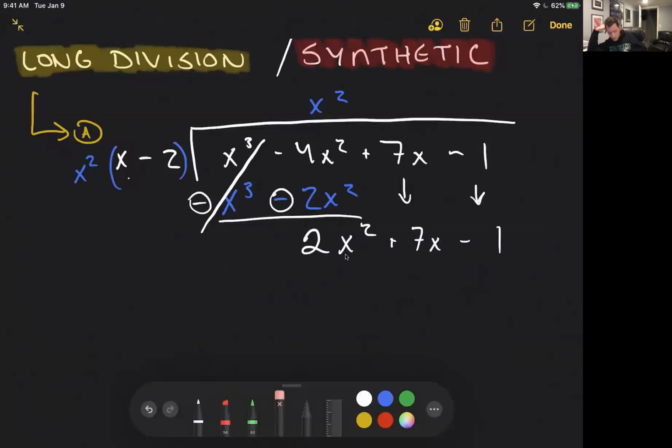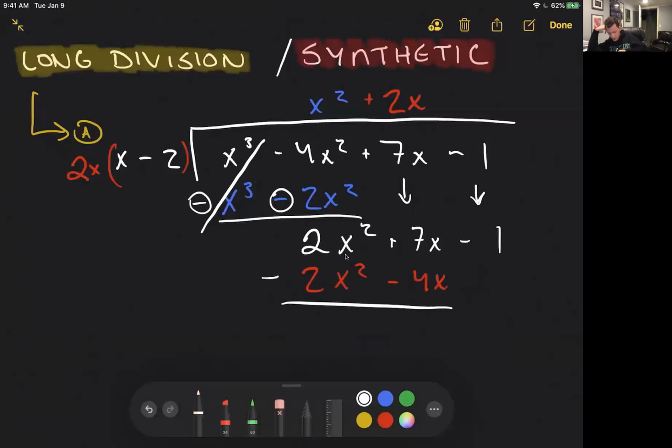Now we wouldn't multiply by x squared to eliminate it. To get rid of this term right here, we would want to multiply by 2x. So plus 2x, because 2x times 2x is 2x squared, minus 2. So this gives us minus 4x.